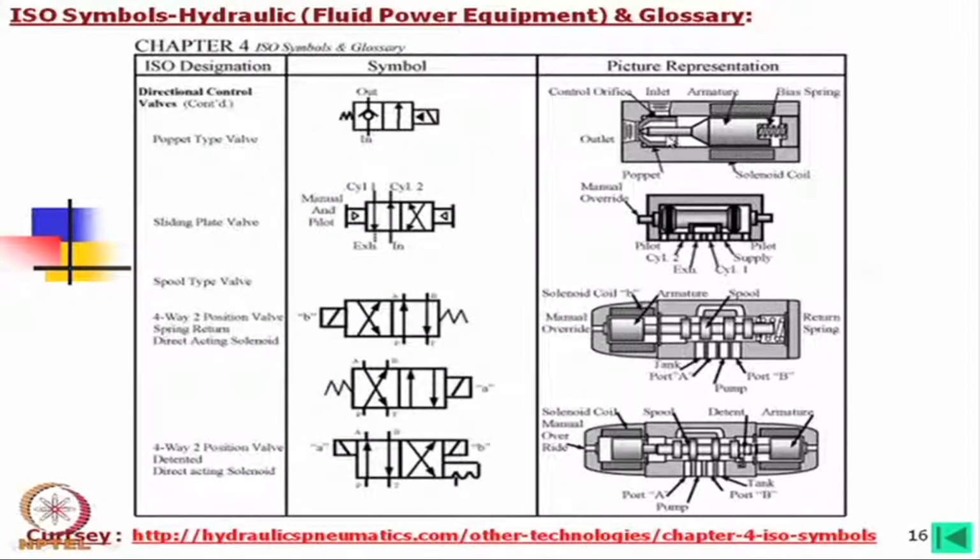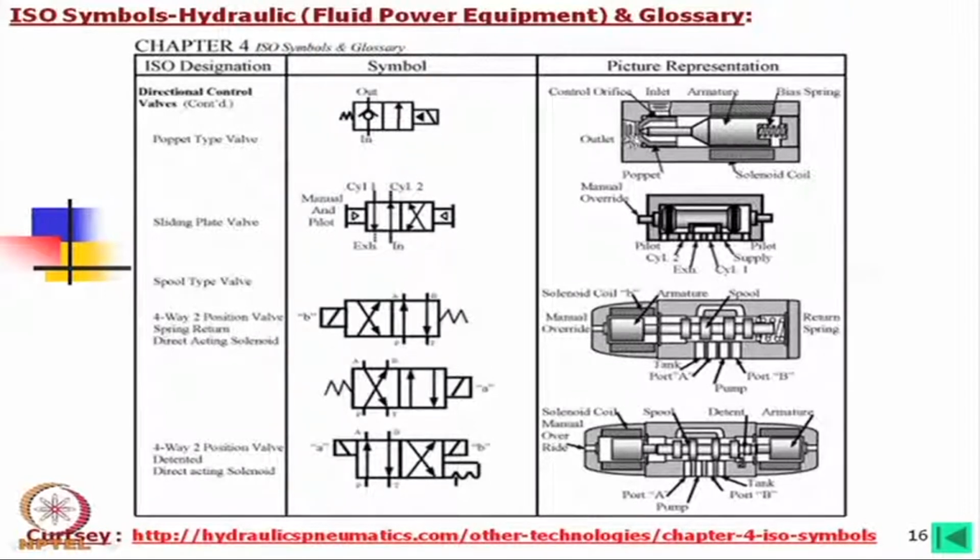As you can see, the flow is going only in one direction. We normally call it a check valve. That check valve is presented in this way. However, the system can be actuated by a hydraulic system, and in that way this will be directly connected.